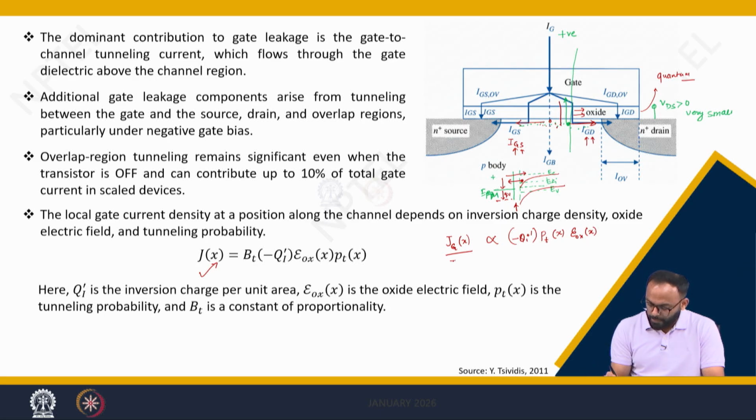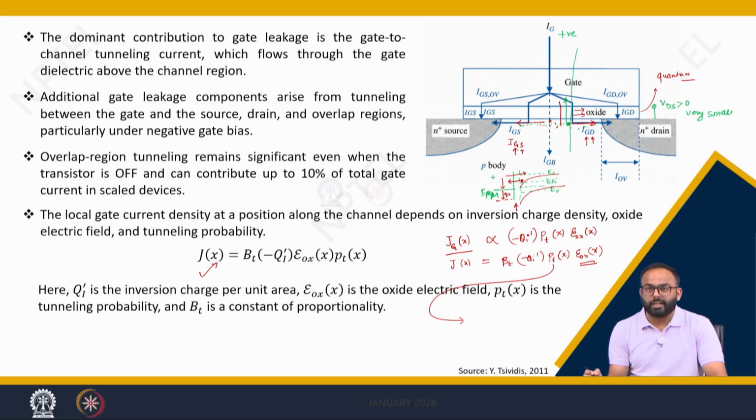So, if you remove the proportionality constant, you will get Jx approximately equal to beta t into minus Qi dash into Ptx into Eox, which is a function of x. Here the probability function can also be expressed in terms of the electric field, which decides the probability that the electron will tunnel from this inversion charge layer to the gate and constitute a current.